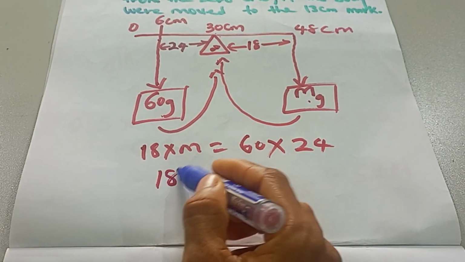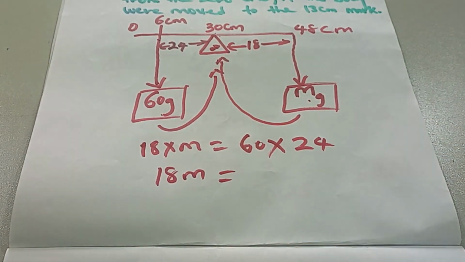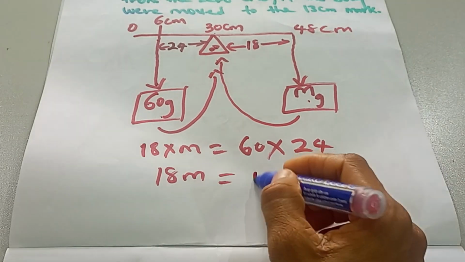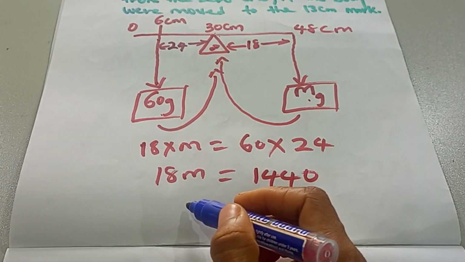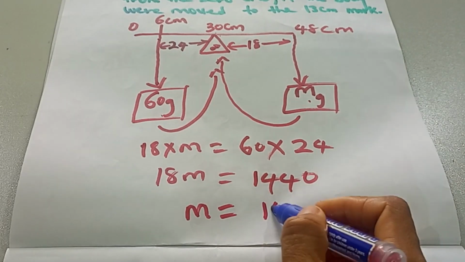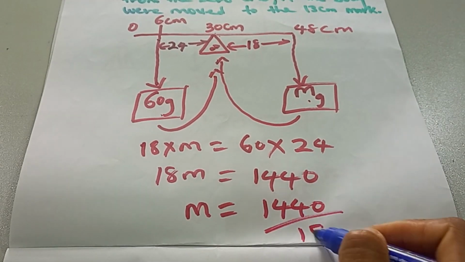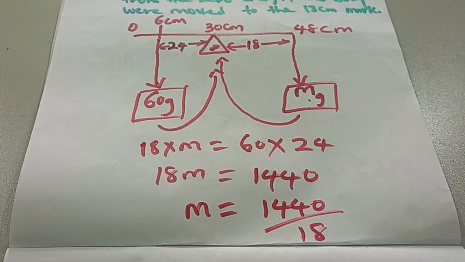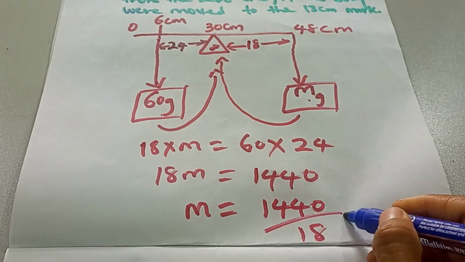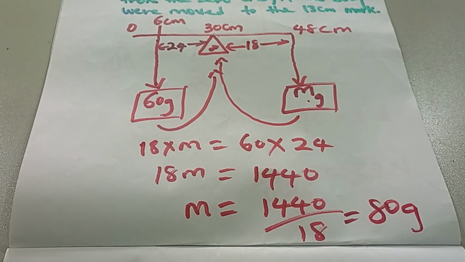So we have 18m is equal to 60 times 24, which will give us 1440. So the mass we are looking for will be 1440 divided by 18, to get our final answer as 80 gram. Now we have gotten the mass of this meter rule.